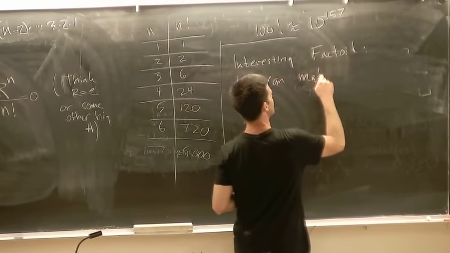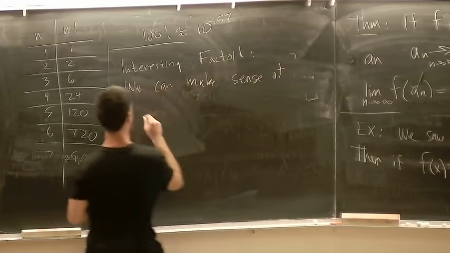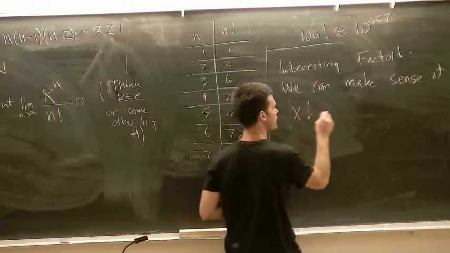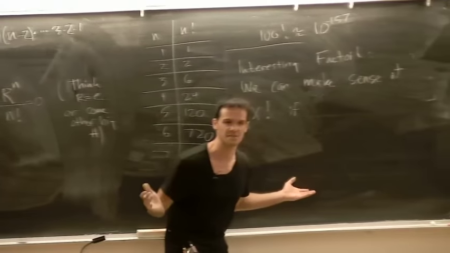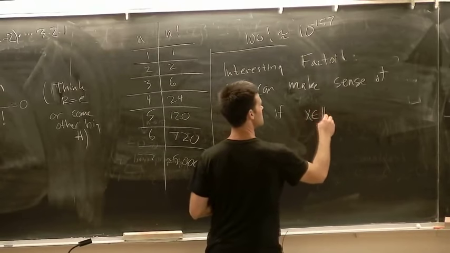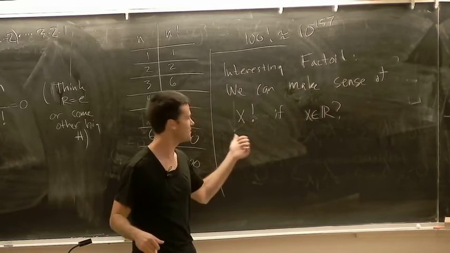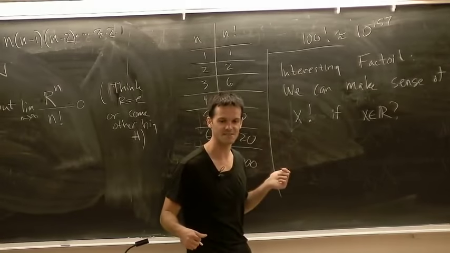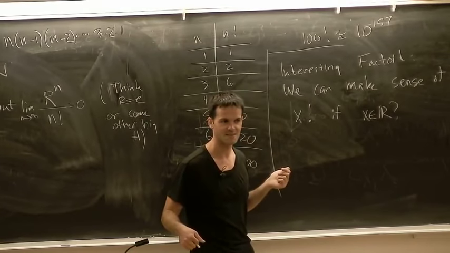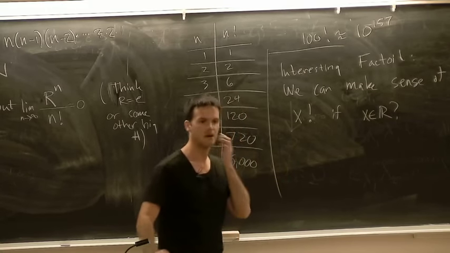Does anyone know what the answer is? How to make sense of x factorial if x is just some real number? Does someone know the function that does this? It starts with a g.